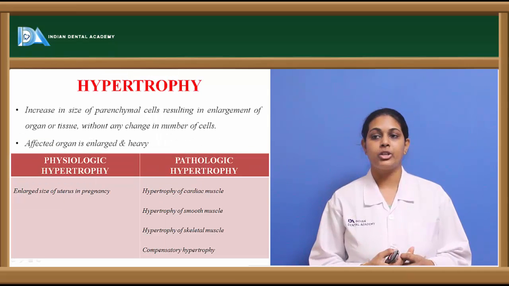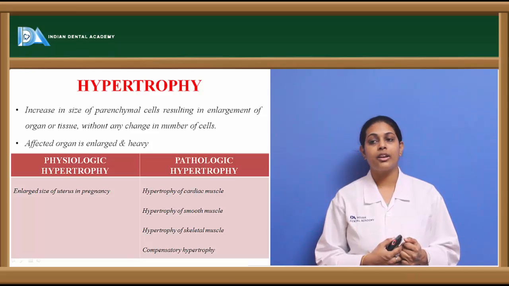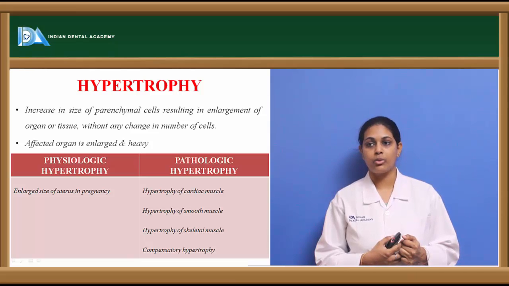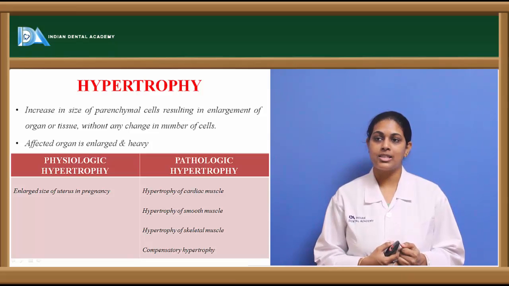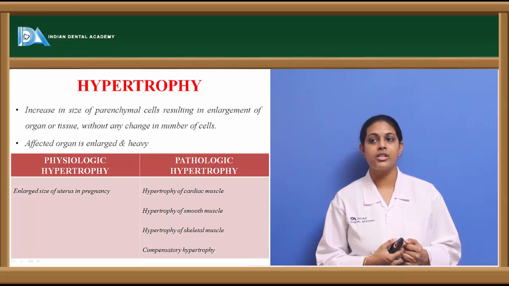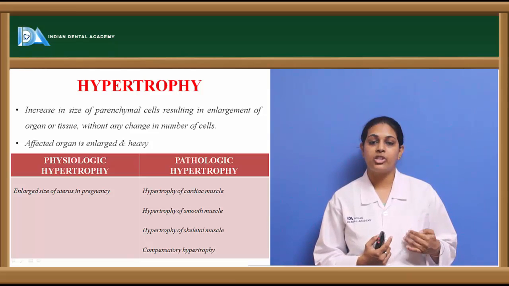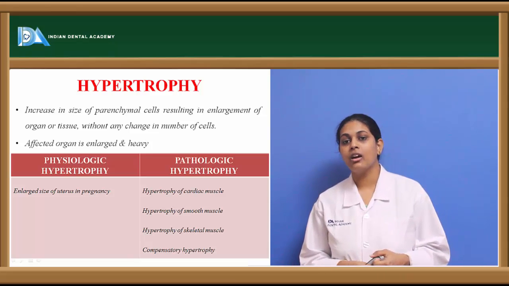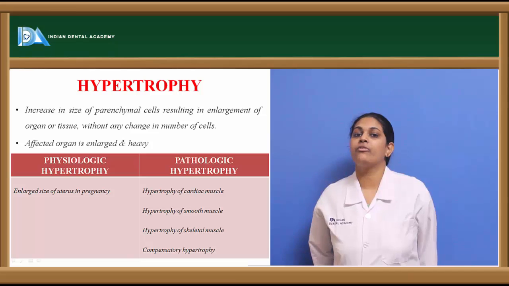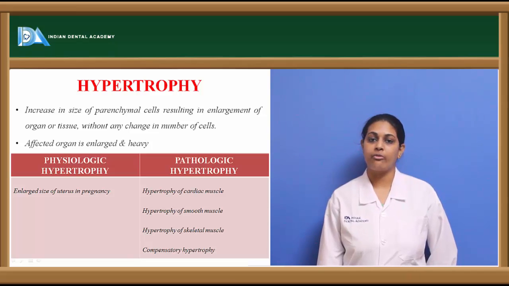Coming to hypertrophy, it is usually known as an increase in the size of the parenchymal cells, resulting in enlargement of the organ or otherwise tissue without any change in the number of the cells. And since the size is increased, the affected organ is enlarged as well as heavy. And it can be classified into physiological or otherwise pathological hypertrophy. The most commonly given example of physiological hypertrophy is the enlarged size of the uterus in case of pregnancy, or otherwise in case of maturation.